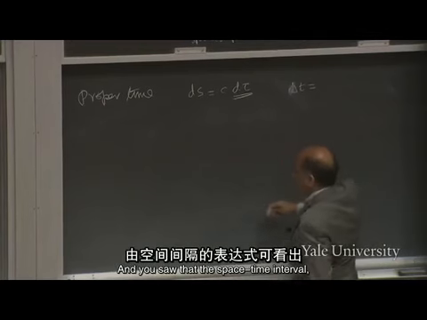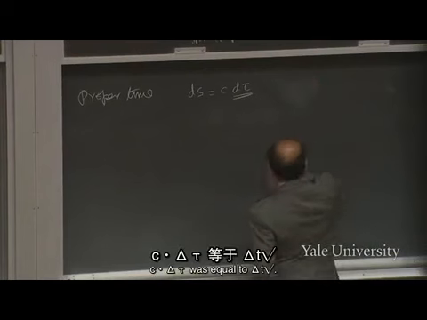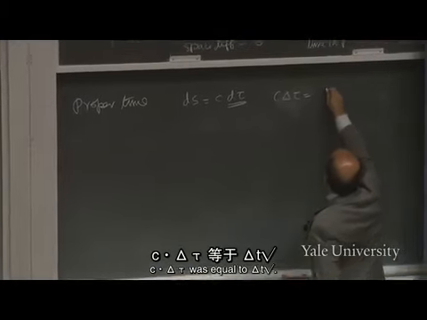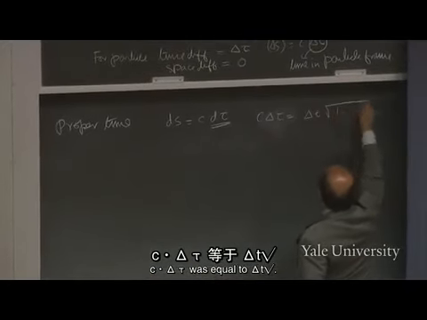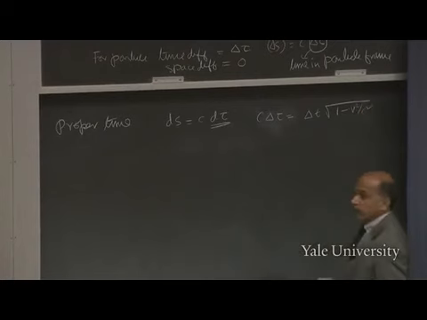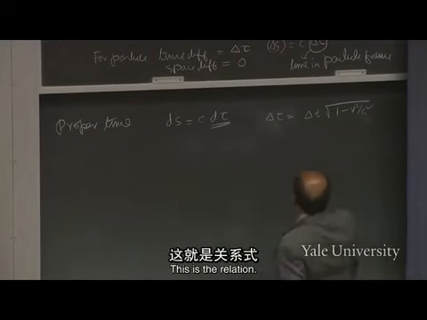Then you saw that the space-time interval c delta tau was equal to c times delta t times square root of 1 minus v squared over c squared. I'm sorry, the c cancels on both sides. This is the relation.